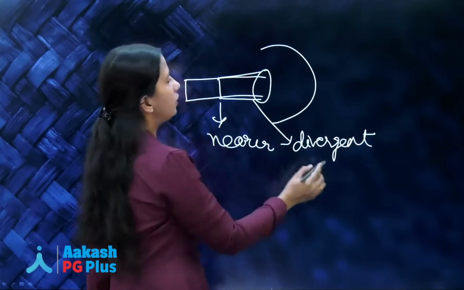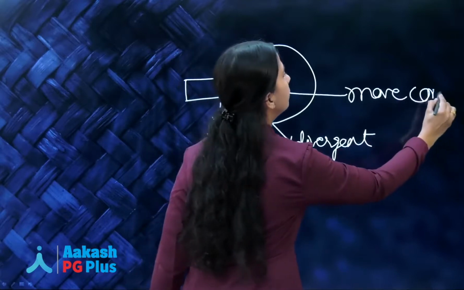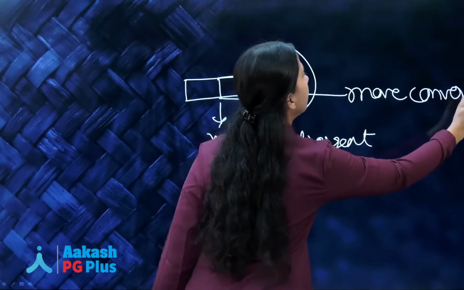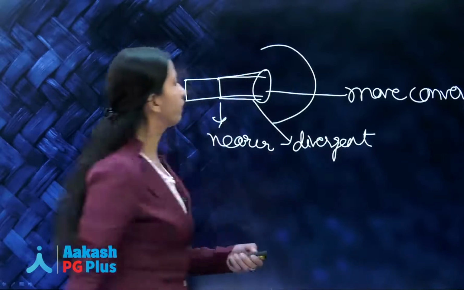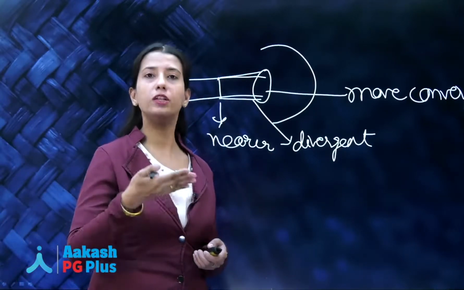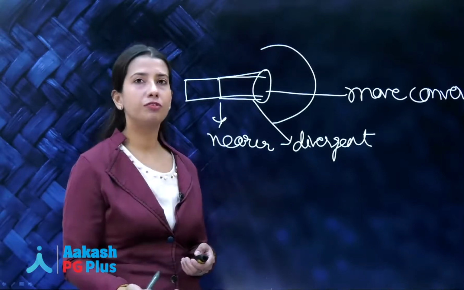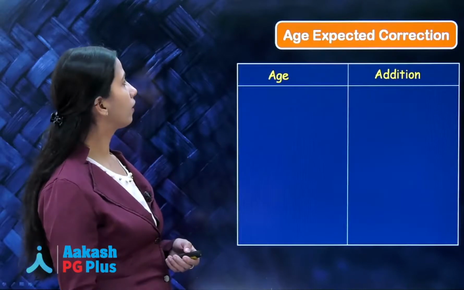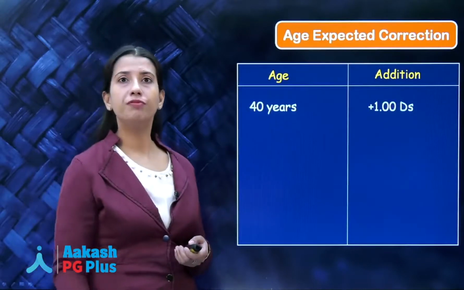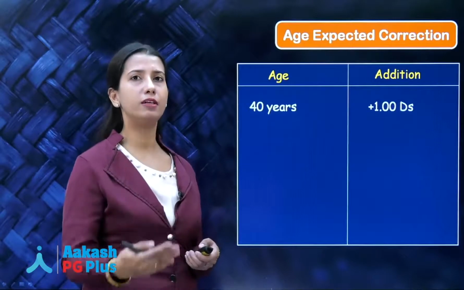So for correction you need a more converging lens. So the nearer the object, the nearer you are holding the object to your eyes, the greater correction, greater positive correction you will need. Now as I told you, with age the accommodation starts decreasing, it keeps on decreasing.